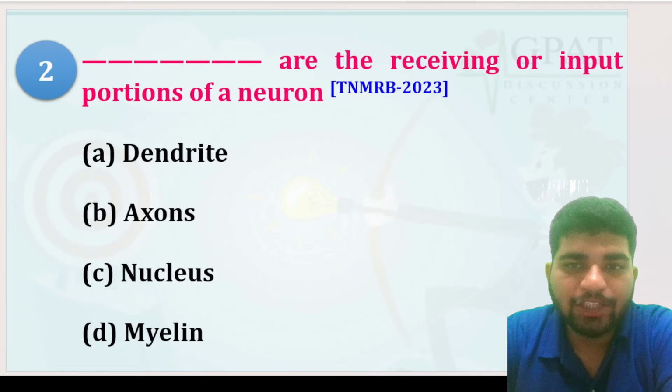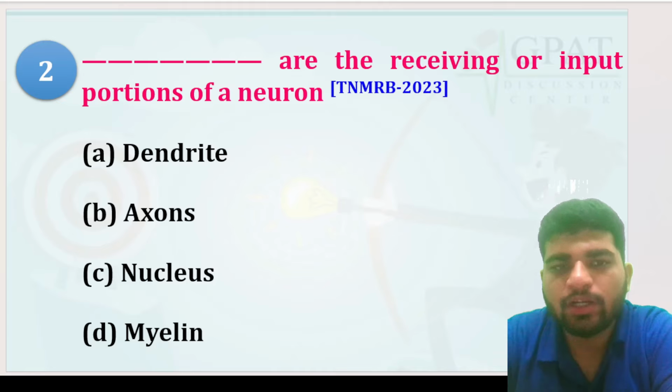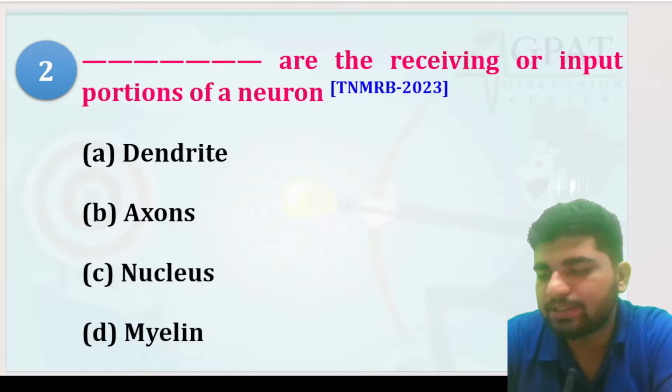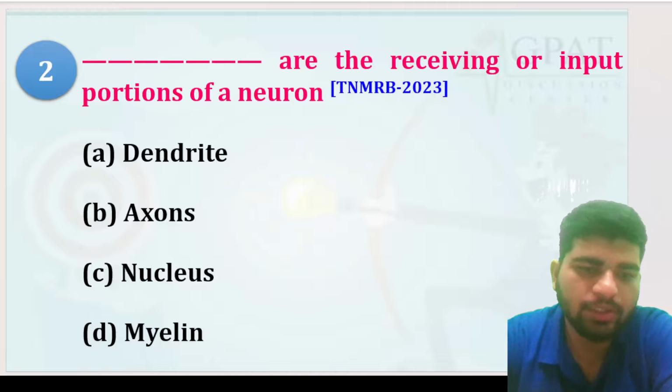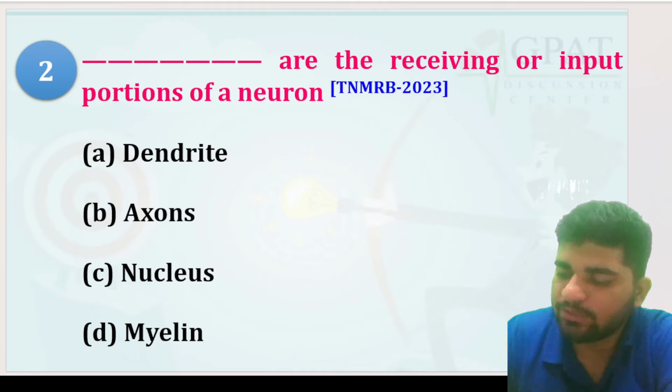The dash are the receiving or input portions of a neuron. What is it? Tell me, guys: is it dendrites, axons, nucleus, or myelin sheath? It is the dendrites.